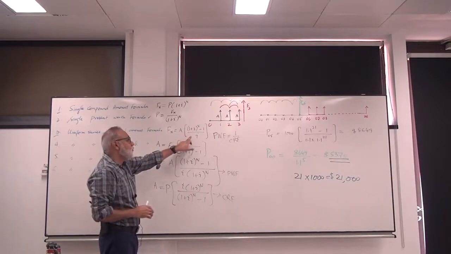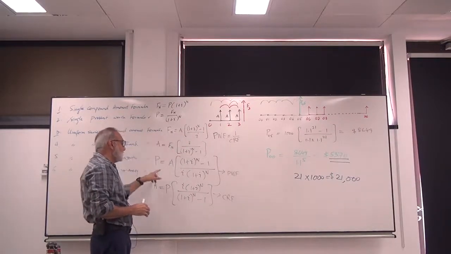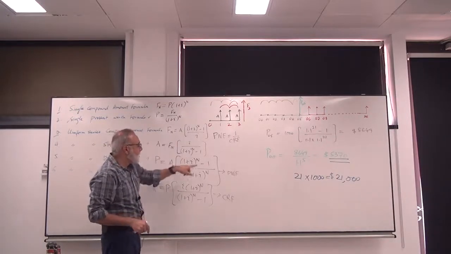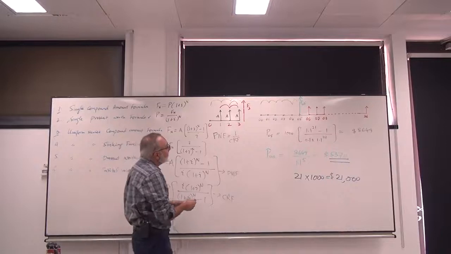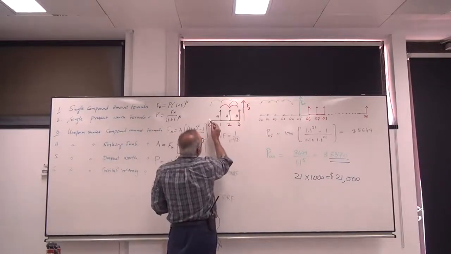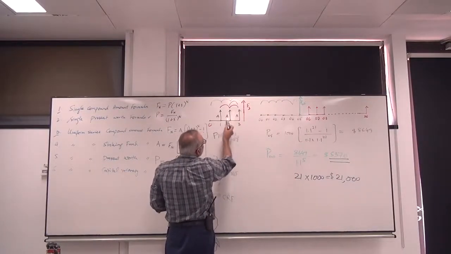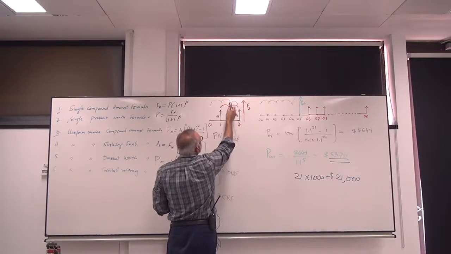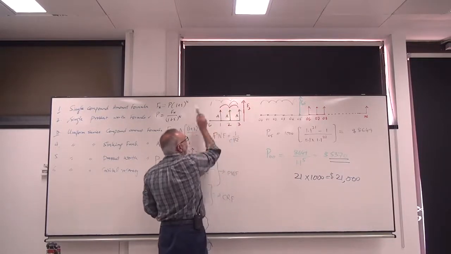And then if we want to bring it back to the present value, we divide by 1 plus i raised to the power n. As you can see from here, if you want to bring it back to time 0, there are 3 payments here, so we have to bring it 1, 2 and 3, and it will come over here.